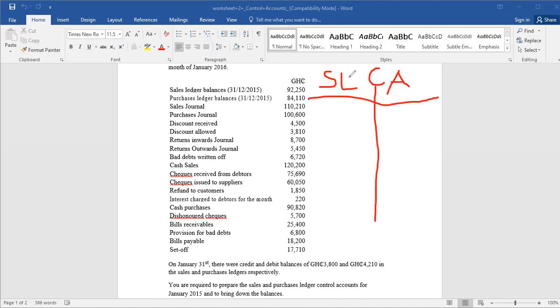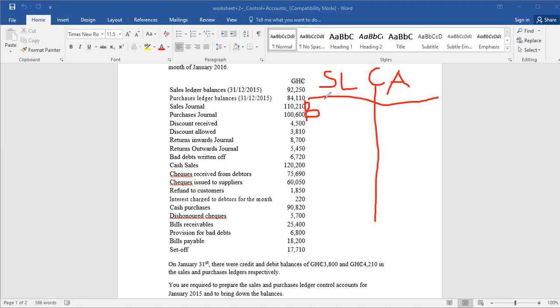All right, so with this particular example, look at the sales. They said the sales ledger balance. If you record the sales account as credit, the debtors are debit for them, so this one will come to the debit, the balance. So the balance goes down, so that I don't cover the figures.